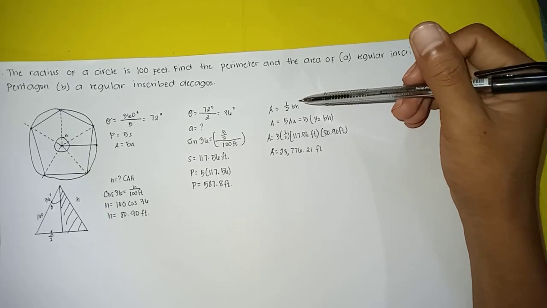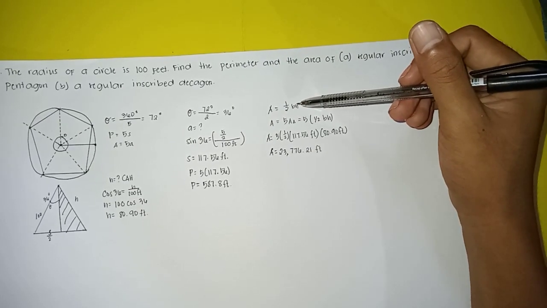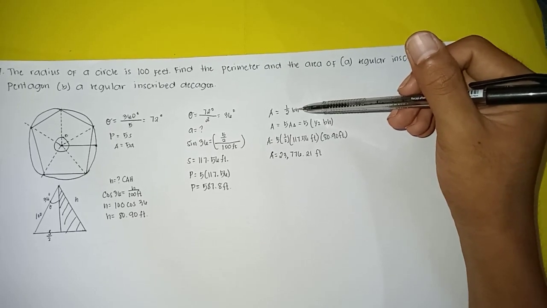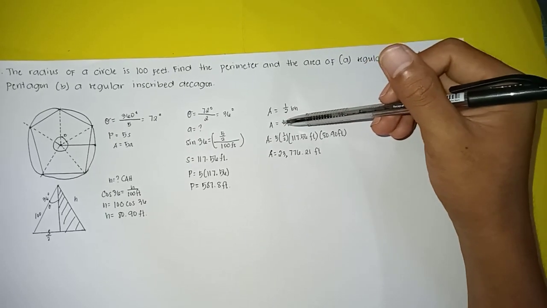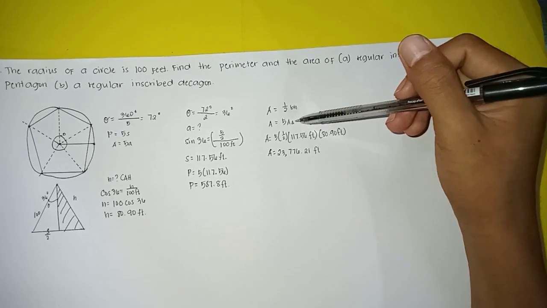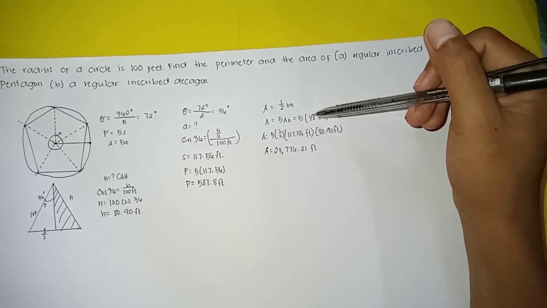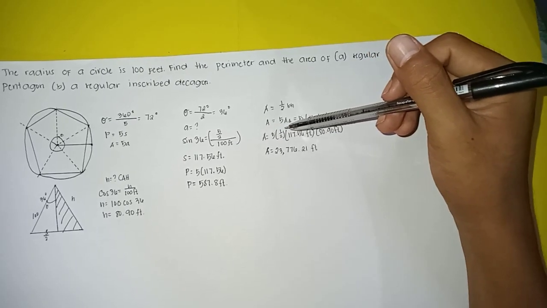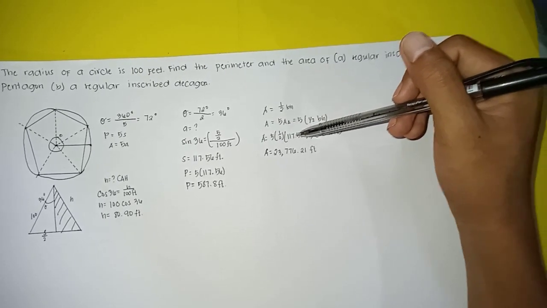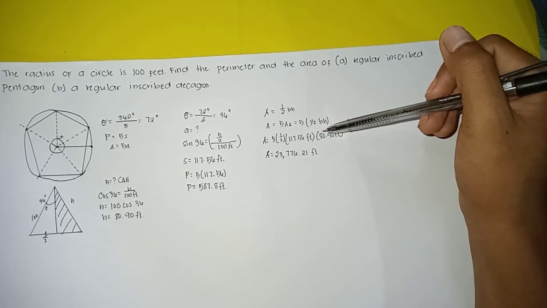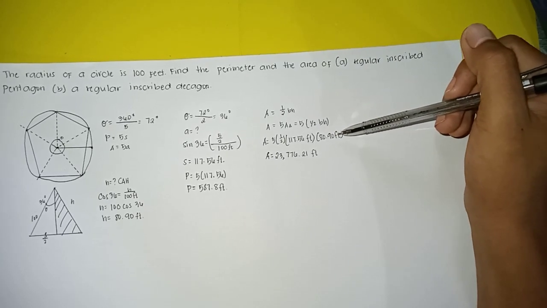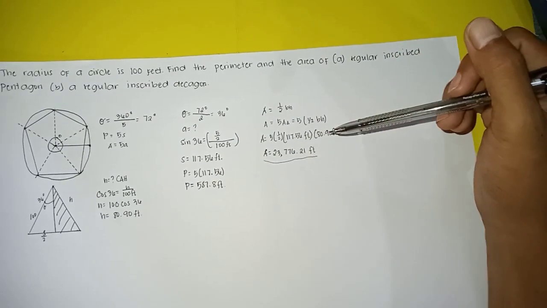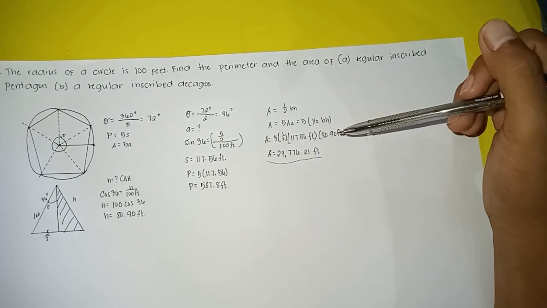Then for our area, A is equal to 1/2 bh. So A is equal to 5 times the area of the triangle, 5 times 1/2 bh. So A is equal to 5 times 1/2 times 117.56 feet times 80.90 feet. So our area is 23,776.21 square feet.